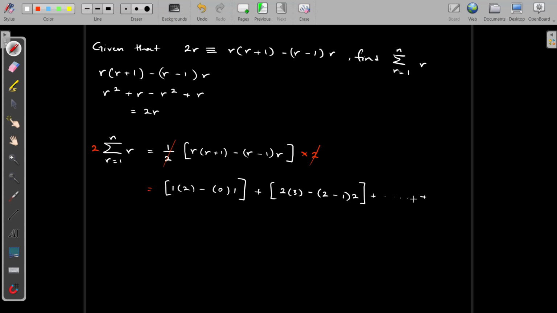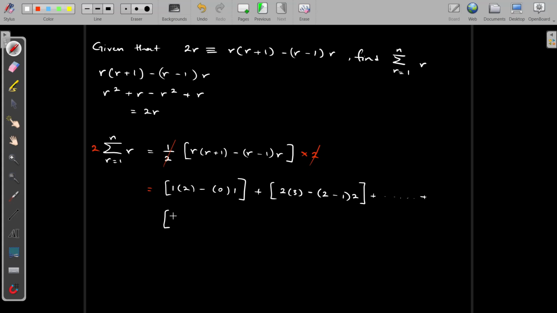This is going to cancel out with the next one. That's when r is equal to 3. Yeah, when r is equal to 3, that would cancel here. So when r is equal to n, or let's do the n minus 1 term.